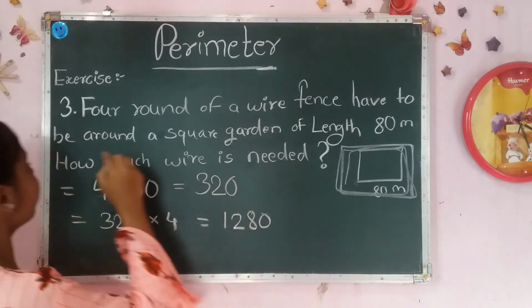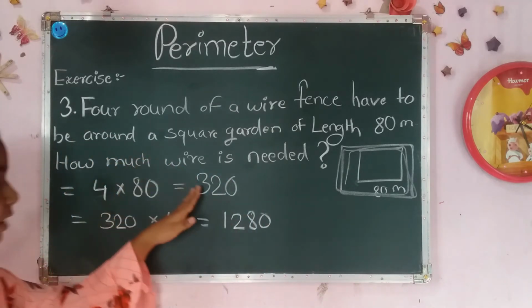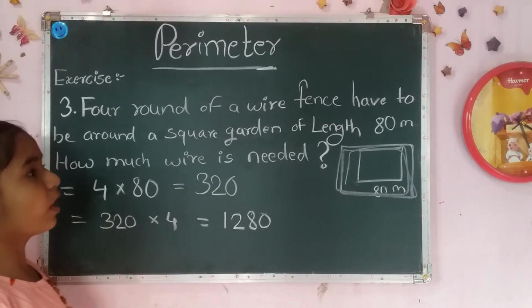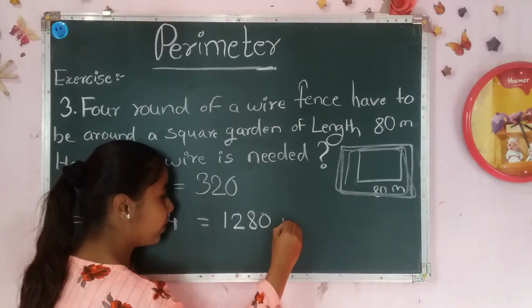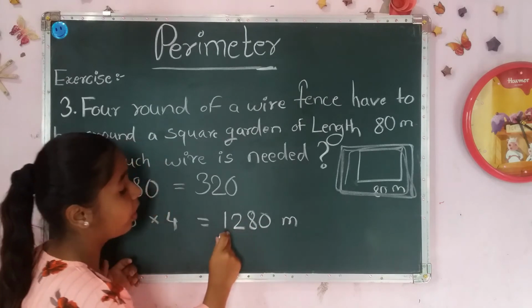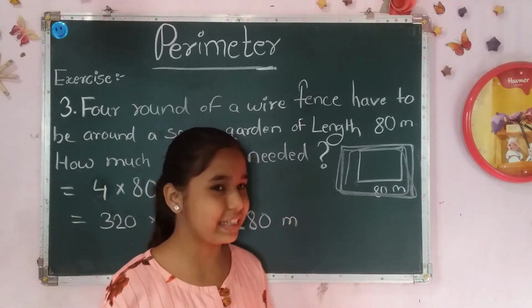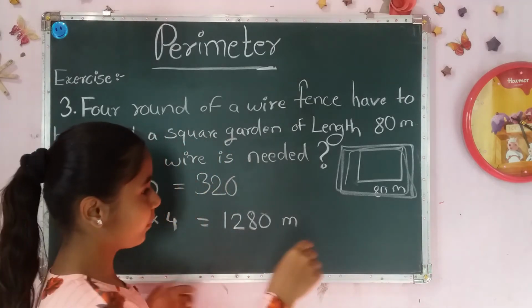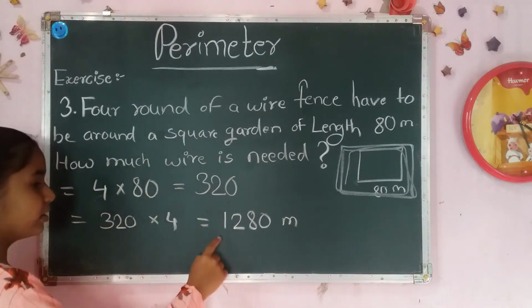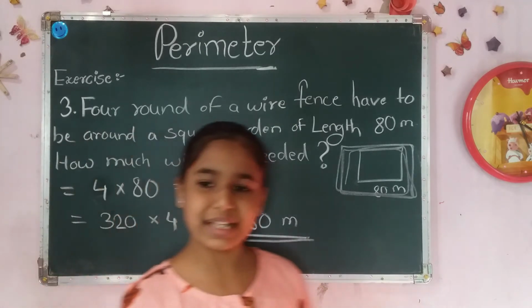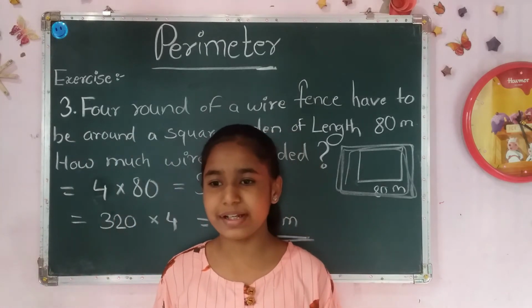So the wire that is needed for the 4 rounds of the wire fence is 1280 meters long. Okay, it was very simple. You can solve it on your own also. So the answer is 1280 meter. Okay. So let's go further to our next question.